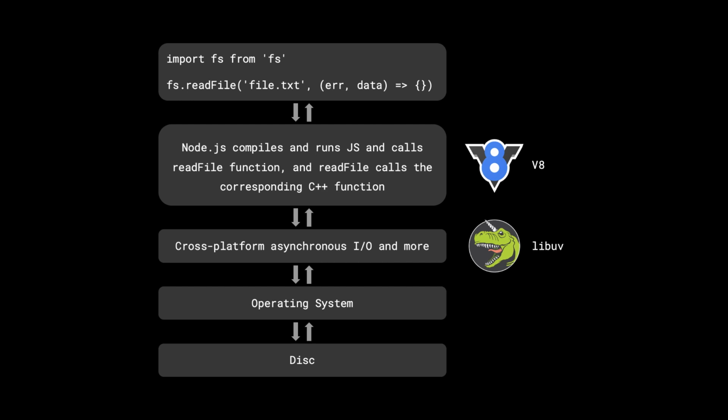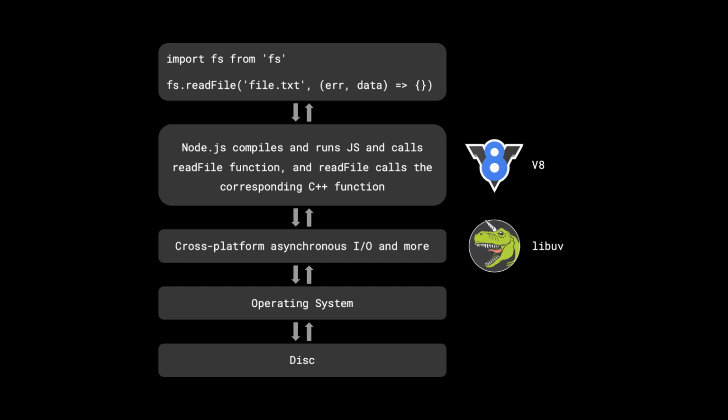Then we run this code using Node.js, and Node.js compiles and runs our JavaScript using the V8 engine, and calls the readFile function, and the readFile function calls the corresponding C++ function that reads the file. The C++ function uses the cross-platform asynchronous input-output API provided by the libuv library, and this API, the libuv, uses the operating system's API to read the file.